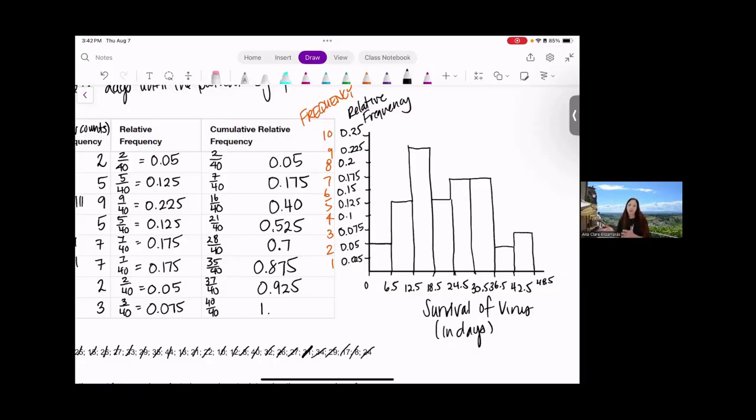Each bar should be the same width, and the height of each increment should be the same so that your graph is accurately represented. So here we have created a raw frequency, if you're looking at the orange on the y-axis, and a relative frequency chart for our days of survival. Hope this was helpful.